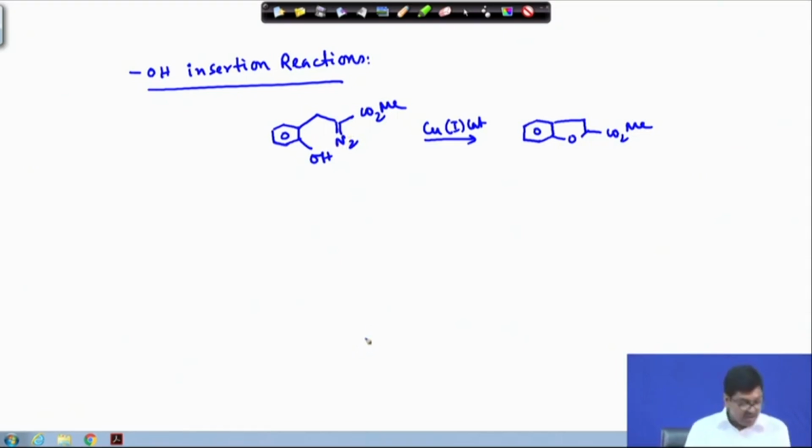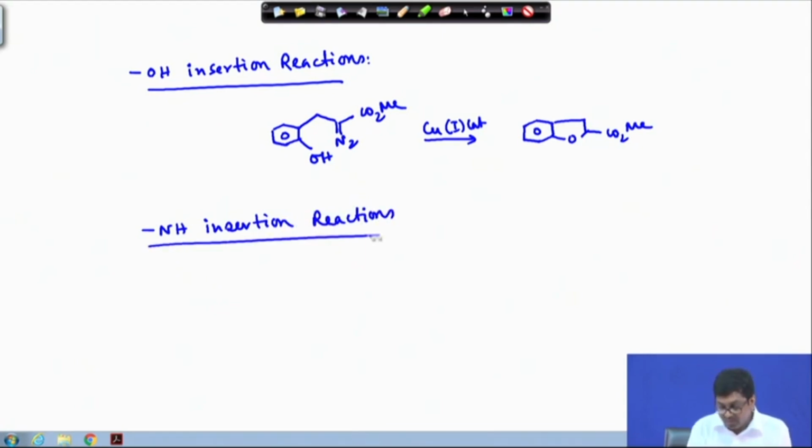Similarly, when there is an amine, that can also be inserted nicely into the carbenoid species, as it is sufficiently nucleophilic to attack the carbenoids.